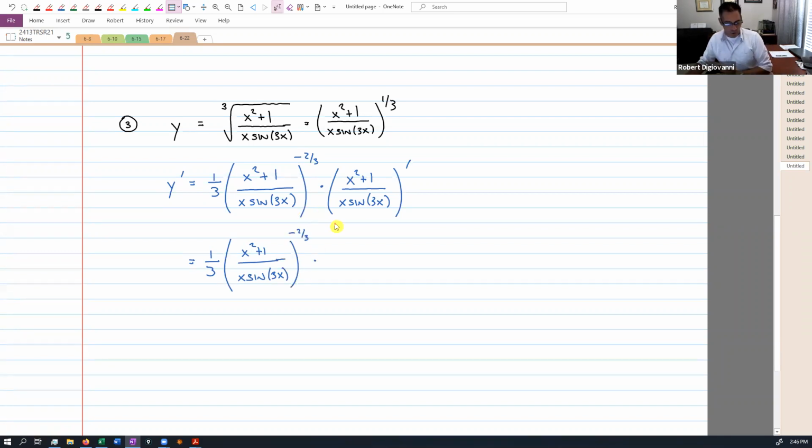Now I'm going to do my quotient rule. The quotient rule is the derivative of the top times the bottom, minus the derivative of the bottom, which I'm not doing yet, I'm just writing down what I need to do, times the top, all over the bottom squared.